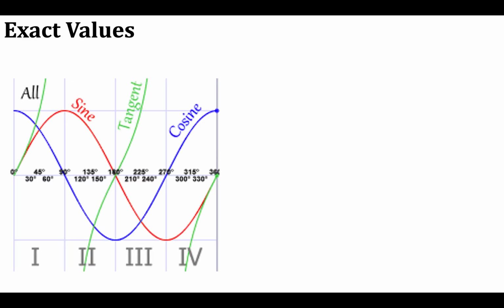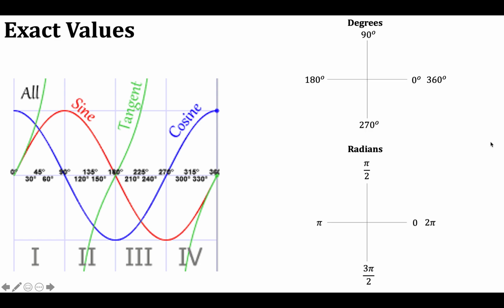We also need some revision from last year. So here are the sine, cosine and tangent graphs. Now I know I've only used degrees along here, but I've got both degrees and radians here, and you might have remembered looking at the cast diagram last year as well.